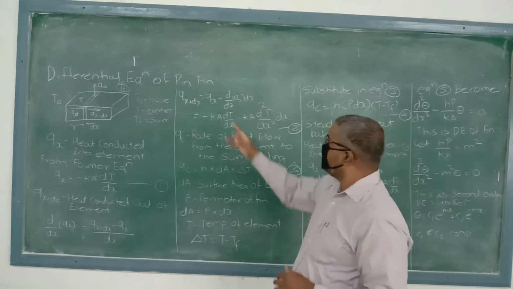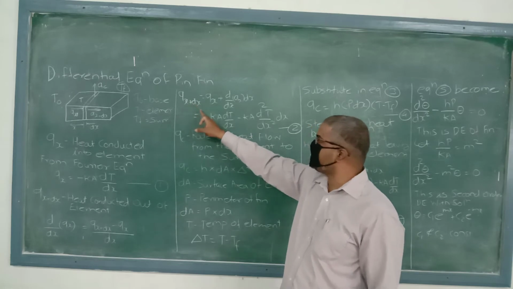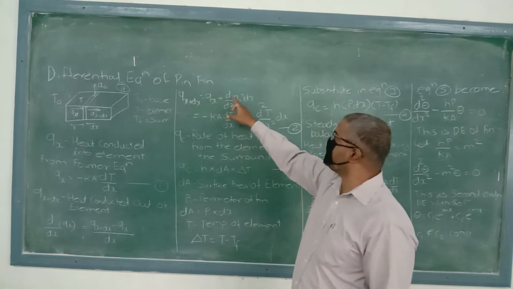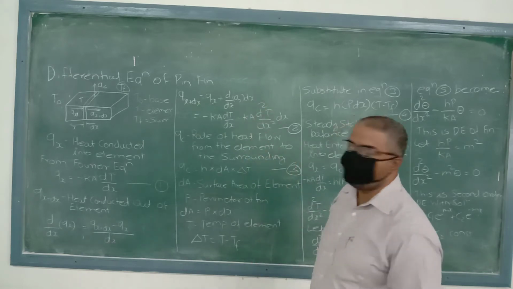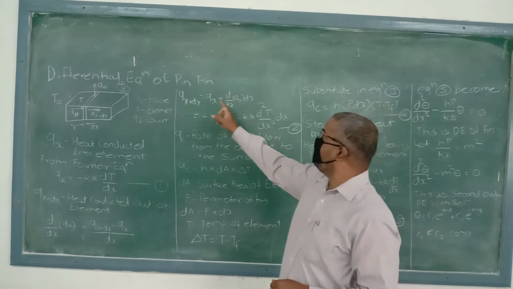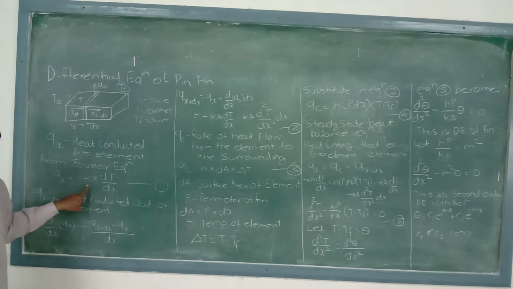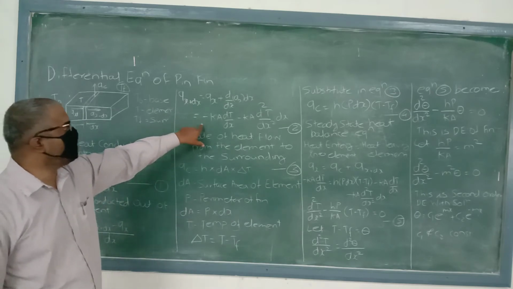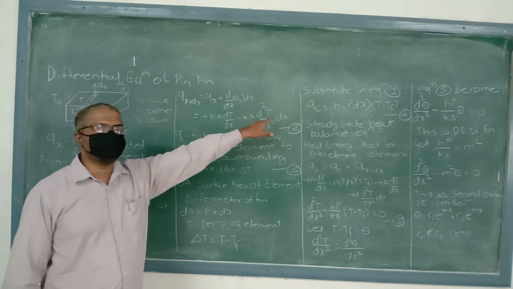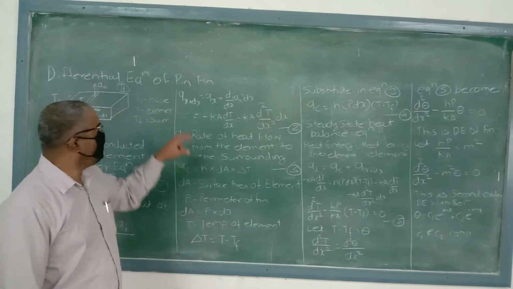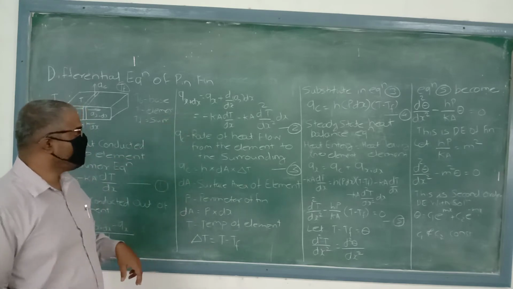After rearranging the terms, we get Qx plus dx is equal to Qx plus d by dx of Qx times dx. Now we substitute our Qx, that is minus KA dT by dx, from equation number 1. Whenever we substitute, we get minus KA dT by dx minus KA d square T upon dx square into dx. This Qx plus dx we are calling equation number 2.